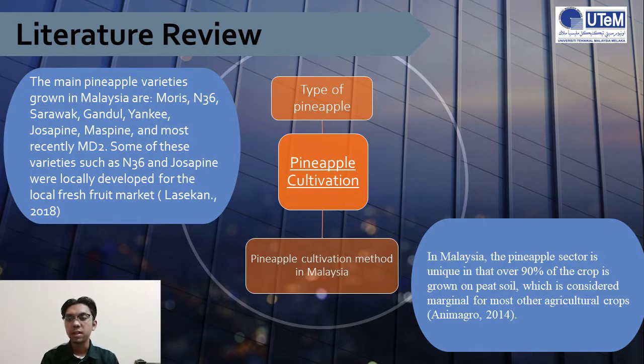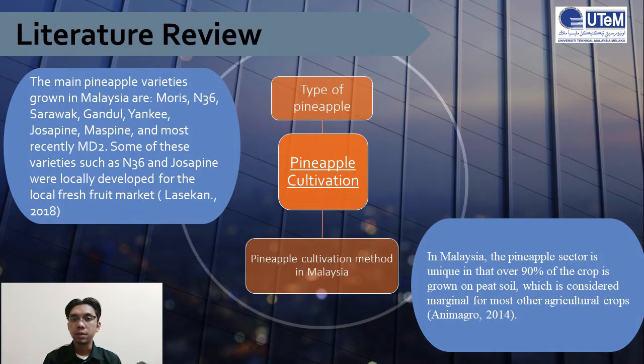Some of these varieties such as N36 and Josephine were locally developed for the local fresh fruit market. In 2014, it was stated that the pineapple industry in Malaysia is unique in that over 90% of the crop is farmed on peat soil, which is considered marginal for most other agriculture crops.